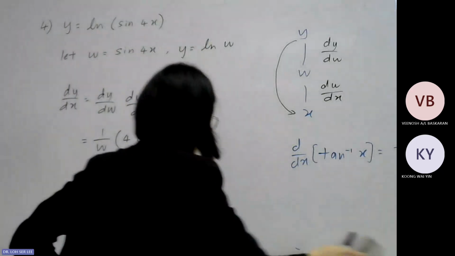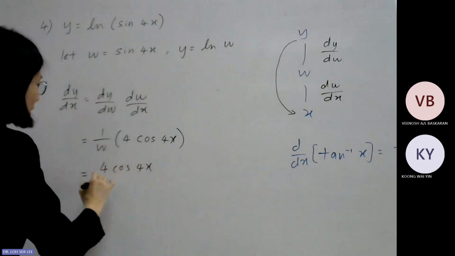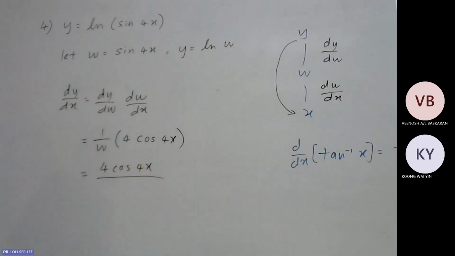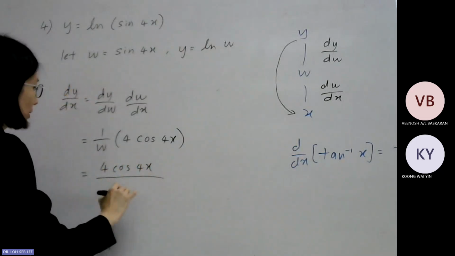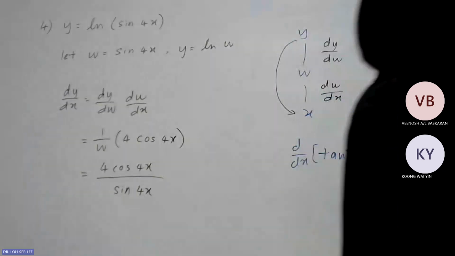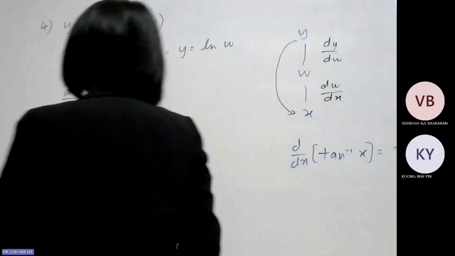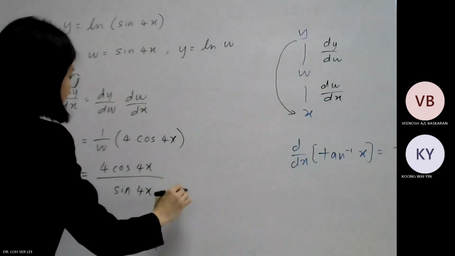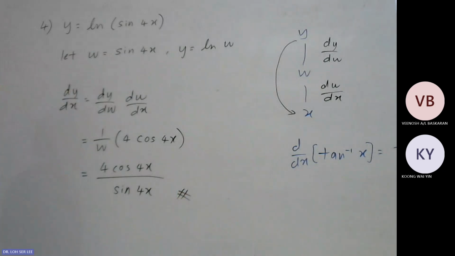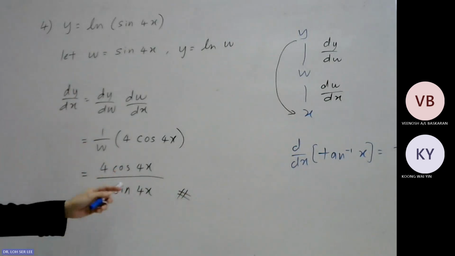So you have 4 cos 4x over W, sine 4x. And this one actually we can simplify, but you can leave it. This is actually cotangent 4x. 4 cotangent 4x. Cos 4x over sine 4x is cotangent 4x.